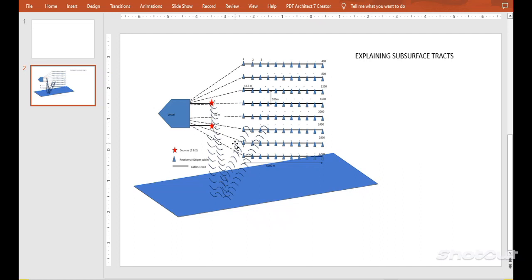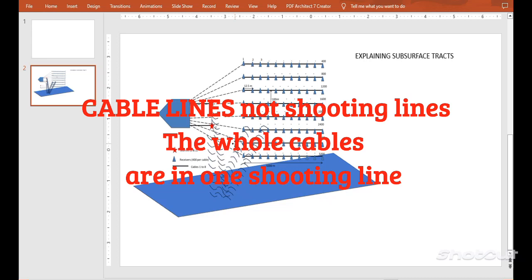I'm just going to use one shooting episode, one reflection on the same cable from two guns. Now, if you want to know the number of subsurface tracts or positions you have, the simple calculation is the number of guns times the number of your shooting lines or cables.